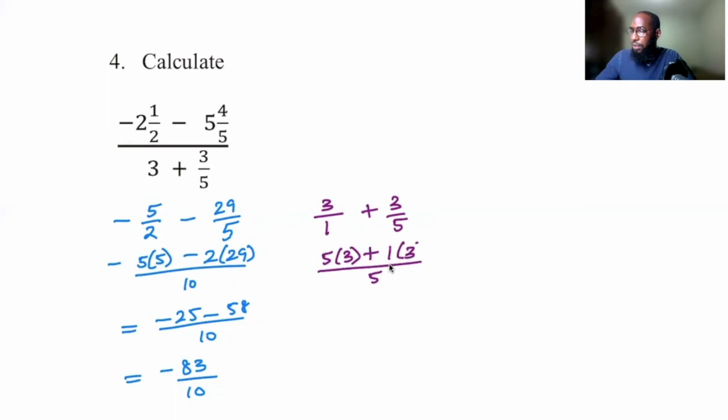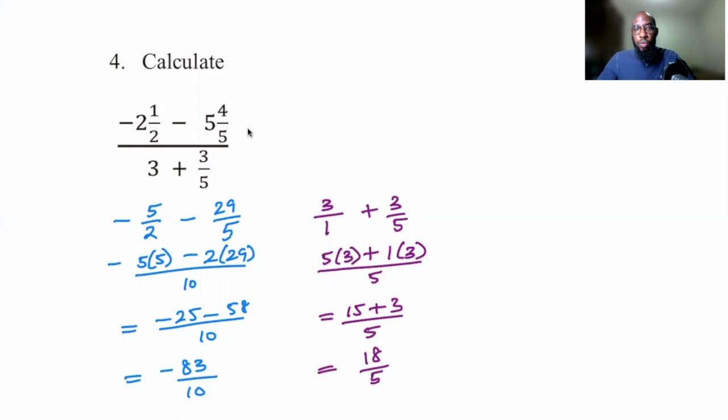Multiply by 3. You multiply by the numerator, which is 3. So we have 15 plus 3 over 5. And that is 18 over 5. So when you simplify everything, 18 over 5, all right?